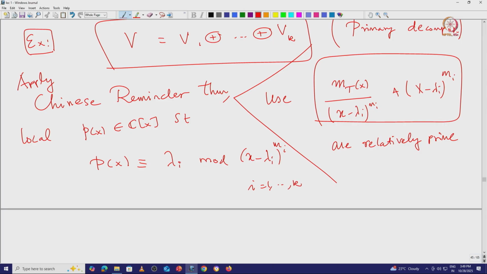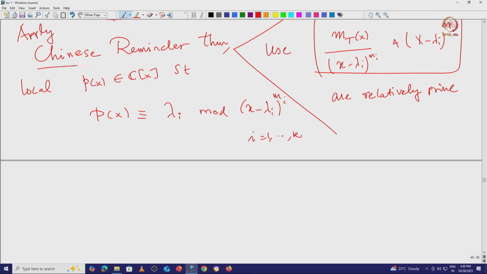Since these (x minus lambda_i) to the power m_i are all mutually relatively prime for i equal to 1 to k, one can use the Chinese remainder theorem to locate this p(x).